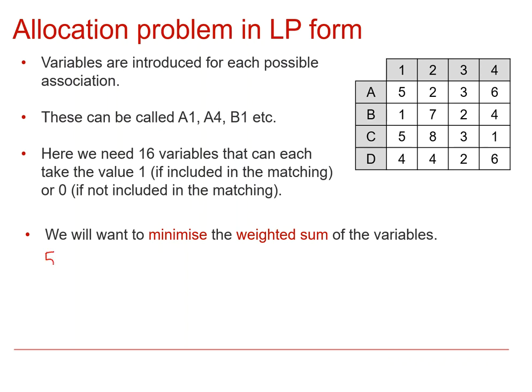Obviously 5, because variable A1 has a weight of 5, so 5 times A1, and then plus 2 times A2, and so on. So multiplying each variable by its associated weight, and finishing with the final one, which would be 6 times D4.